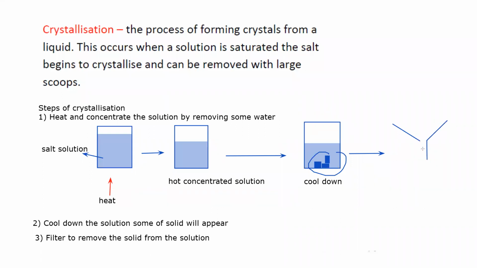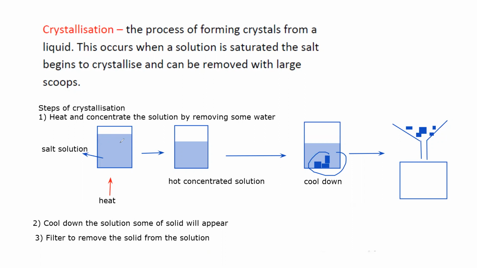So the advantage of this method is that it saves our time. It does not take a lot of time as compared to crystallization, in which we have to remove all of the water until the salt is left behind. But here some of the salt is still there, because in the beginning there was a greater quantity of the solvent, so it had solute dissolved in it.